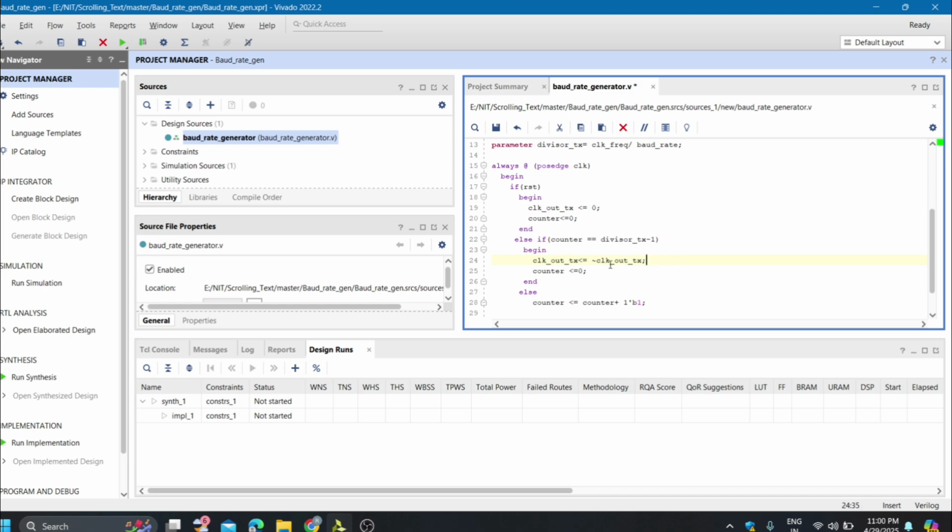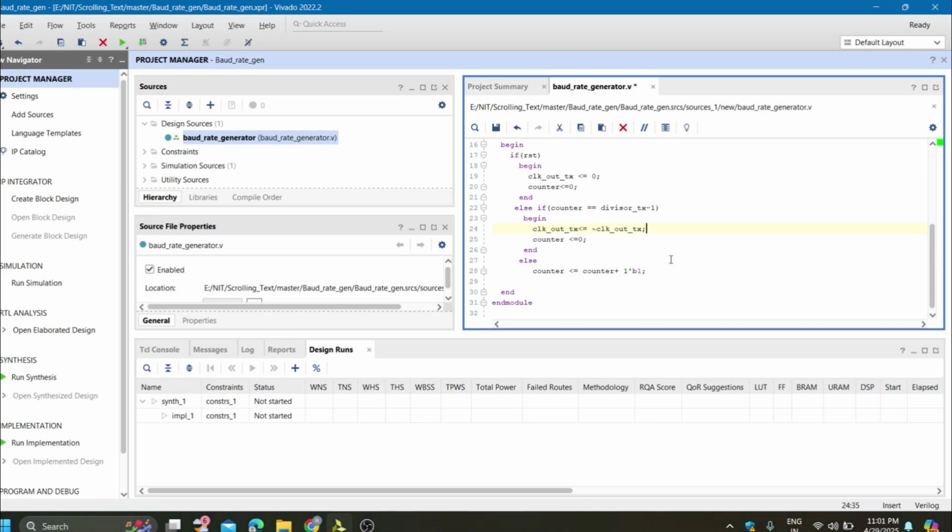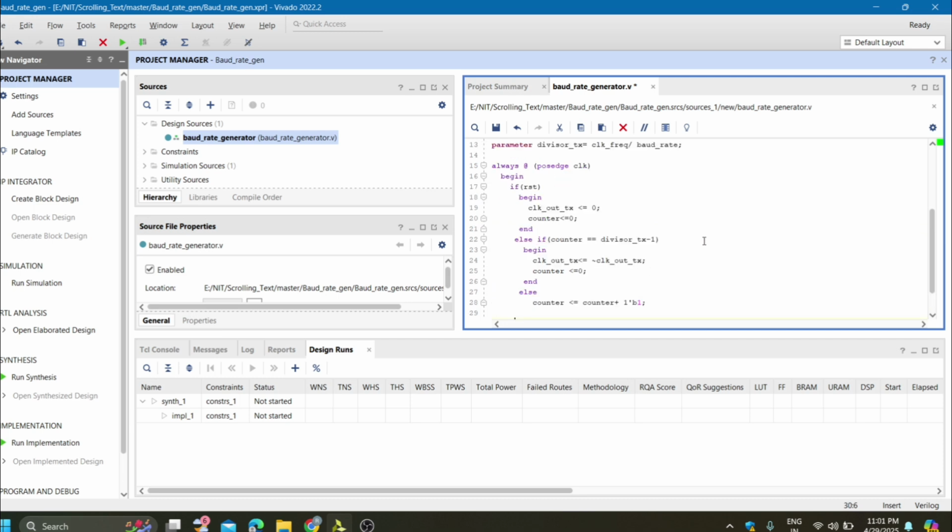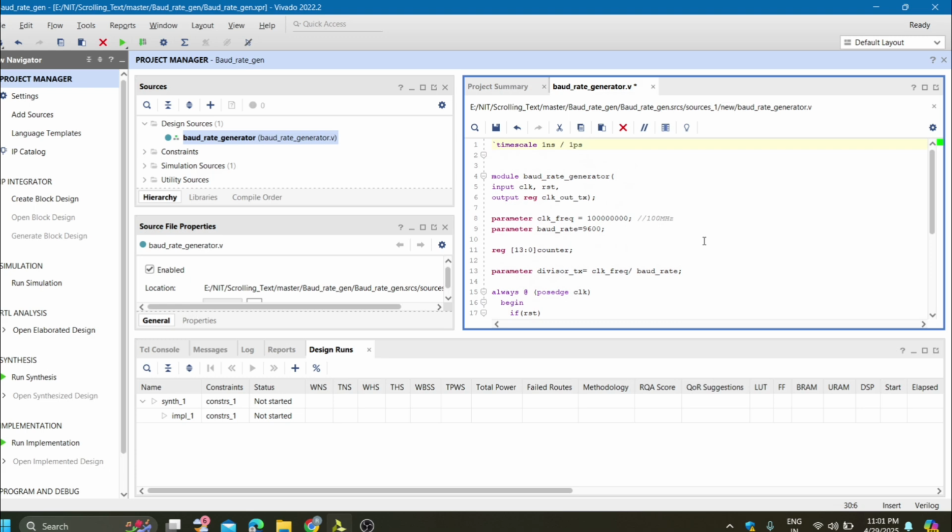So we can easily say that this clock out TX is different from the internal clock. In this way we can easily understand this code. So this is the code for this baud rate generator.